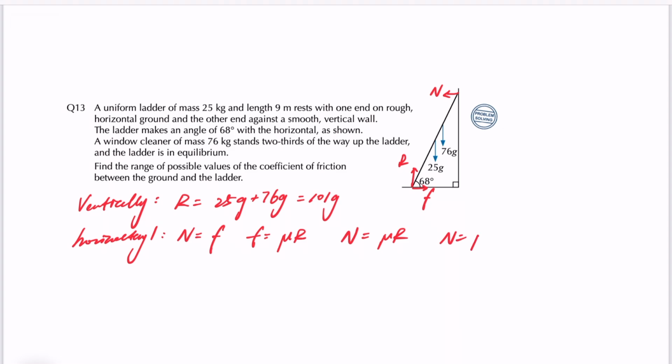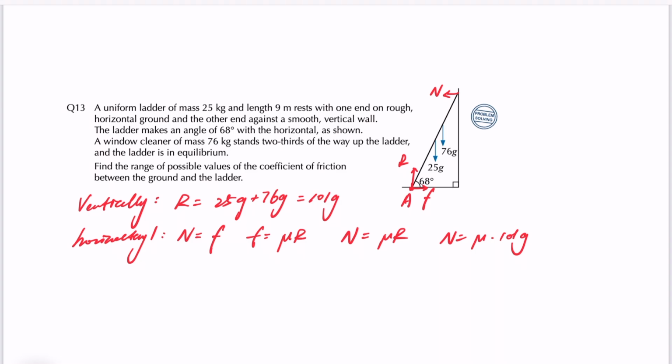N equals mu times 101G. Looking at this equation, bear in mind that the question is interested in the coefficient of friction. So if we can figure out the reaction force, which is labeled out as N, then we can figure out the coefficient of friction, which is labeled out as mu. And how do we figure out the reaction force? I think we have to use the moment equation.